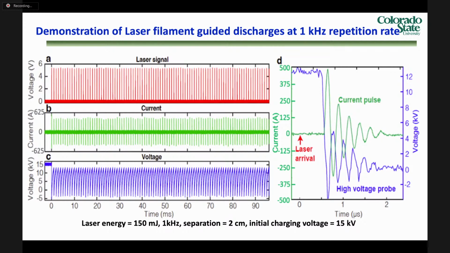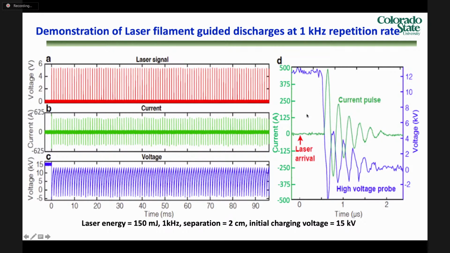Then the capacitor gets charged before the arrival of the next pulse, and then a breakdown occurs again, and so on. So you are producing guided discharges at a kilohertz. That's one of the novel aspects, and you can see quite stable formation of these discharge channels as measured here by the voltage and by the current.